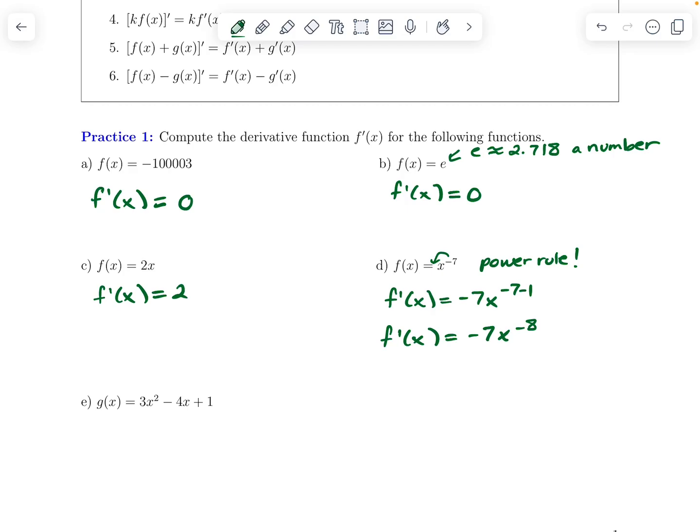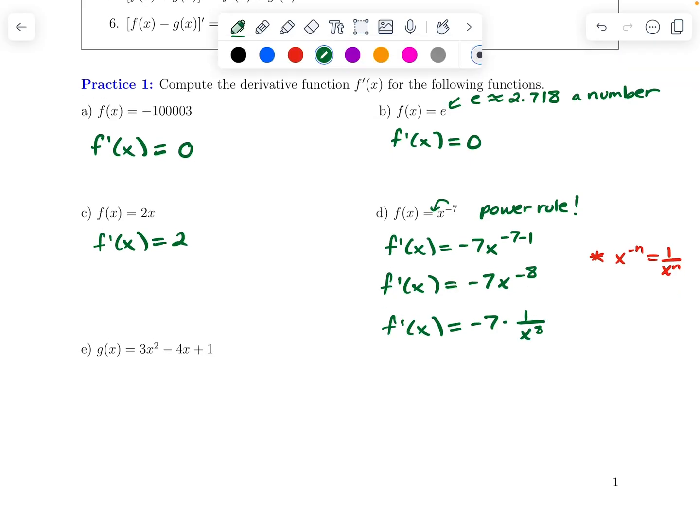And we want to recall, if you want to simplify this even further, which we'll get more practice with later, but x to the negative n is 1 over x to the n. So we know that this is going to be negative 7 times 1 over x to the 8th.